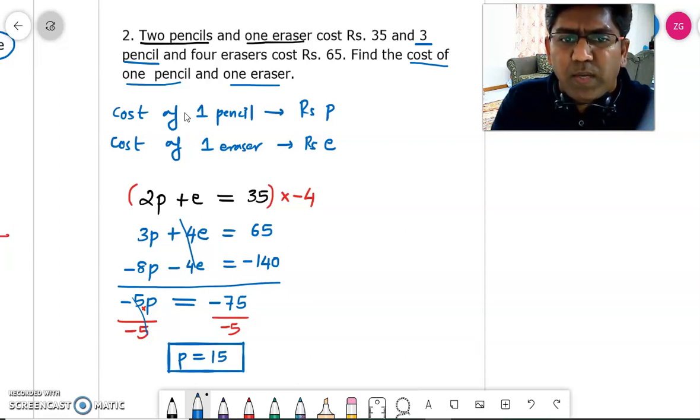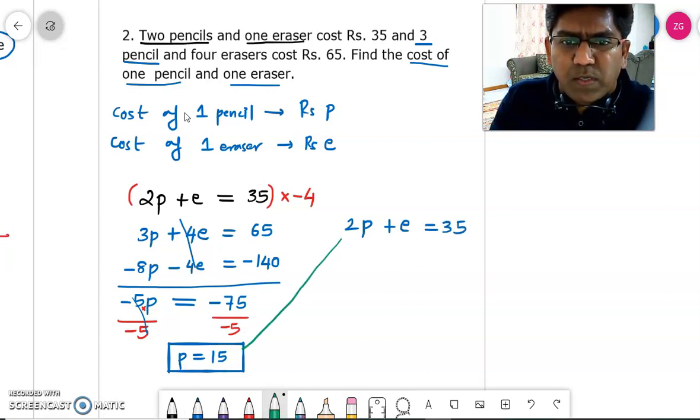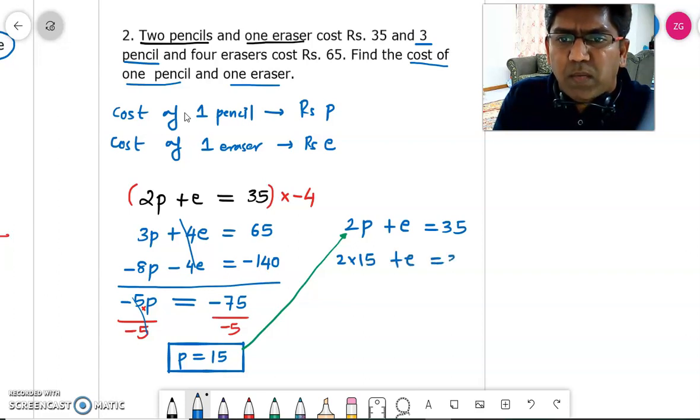I need to find the value of E. So I can use the first equation here. 2p plus E equal to 35. Value of p, 15, will substitute here in place of p. So I get 2 times 15 plus E equals 35. 2 times 15 is 30 plus E equals 35.